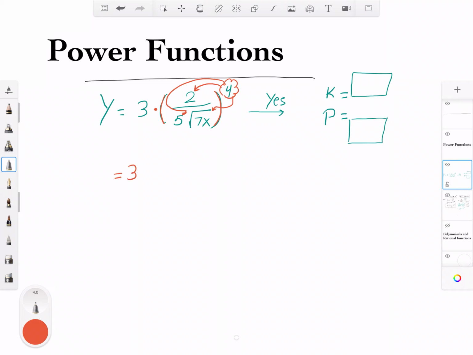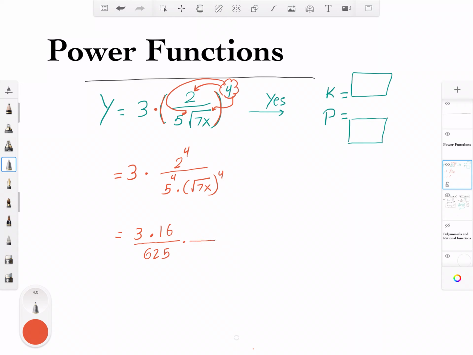I'm going to have 3 multiplied by 2 to the power of 4 over 5 to the power of 4, multiplied by radical 7x to the power of 4. So we have 3 multiplied by 2 to the power of 4; instead of 2 to the power of 4, I'm just going to put 16. 5 to the power of 4 is 625.